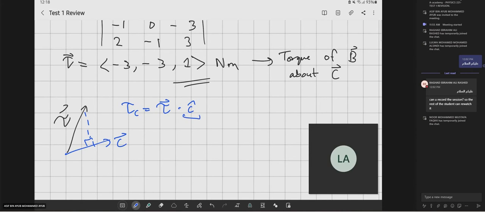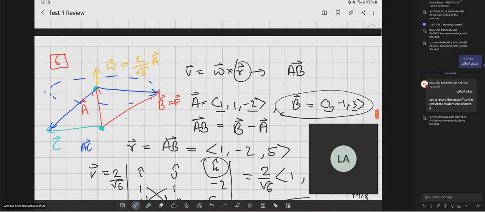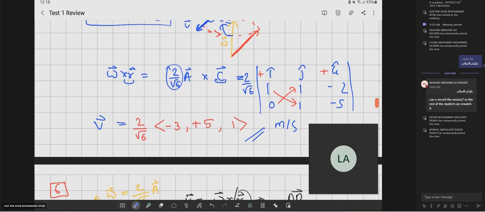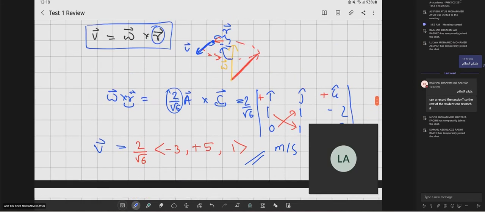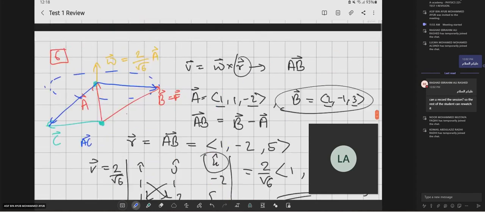Now, what is the unit vector of C? For this, we need to find what C is first. C is 0, 1, and minus 5.